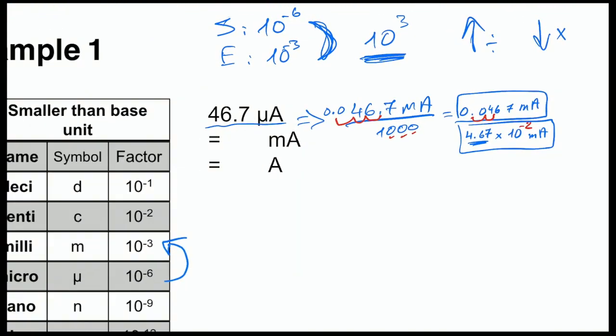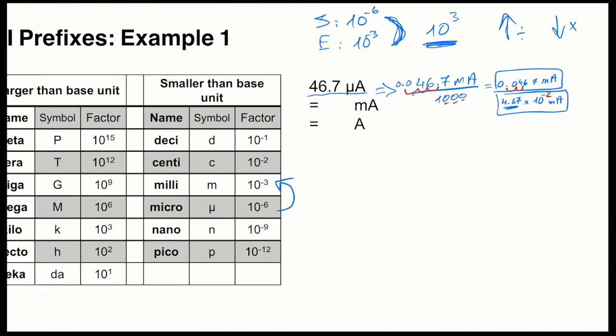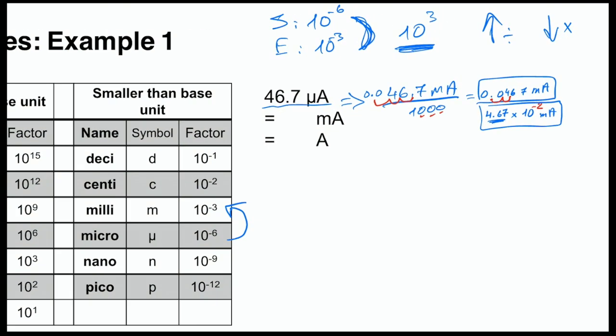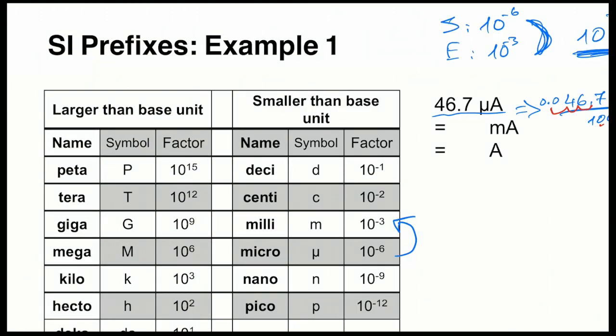So we did the micro to milli. And let's do our micro to amps, which is the base. So if I take that, the starting point is still 10 to the power of 6 for micro to base unit. Base unit is 10 to the power of 0, right?